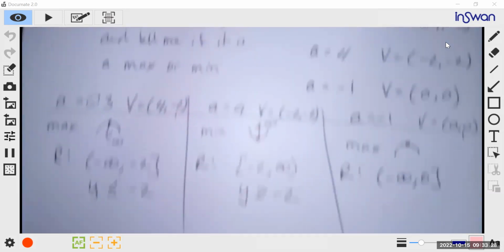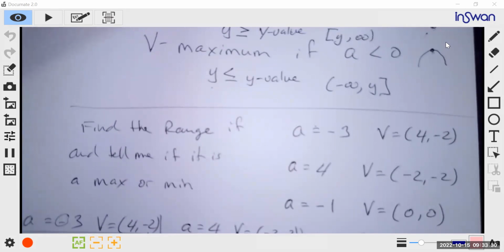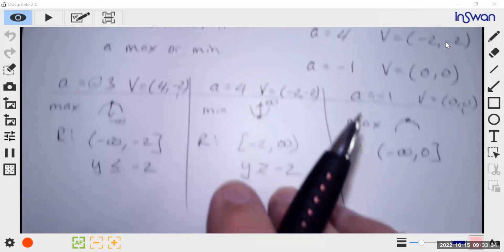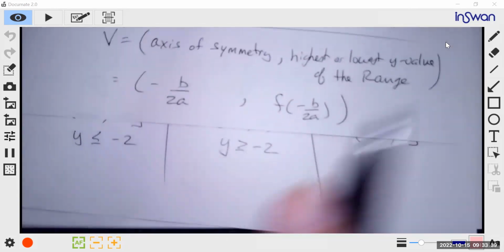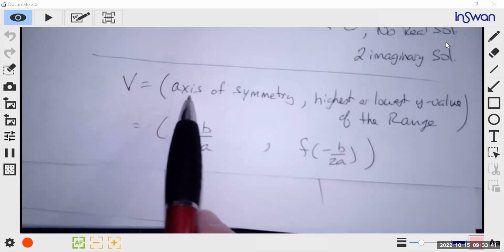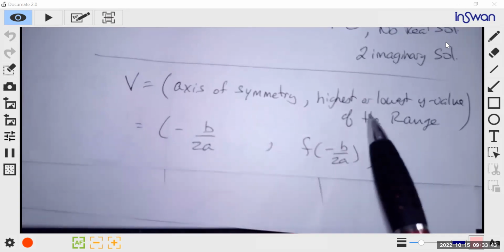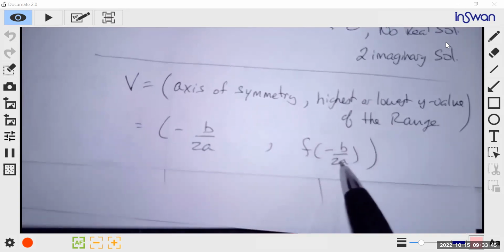Remember, I just said earlier, where would I put that? Right here, in the vertex. Axis of symmetry is the x value. The highest or lowest point of the range is the y value.